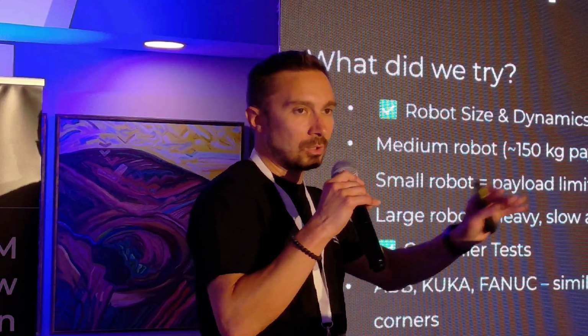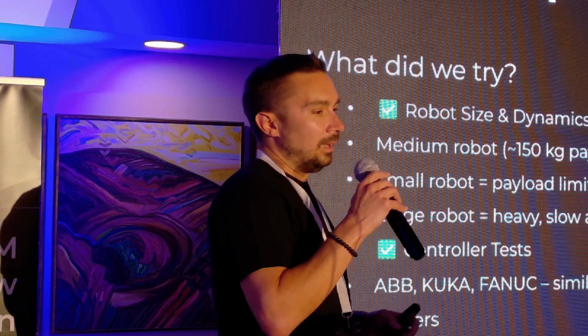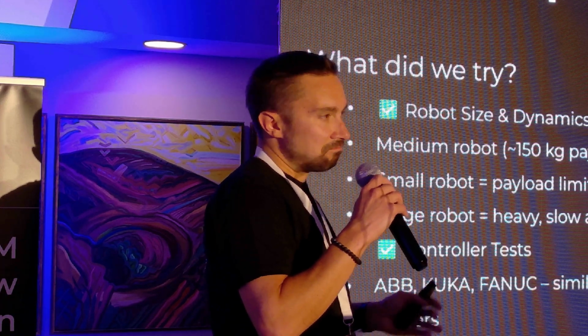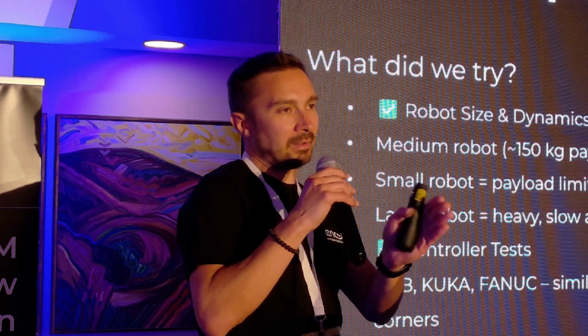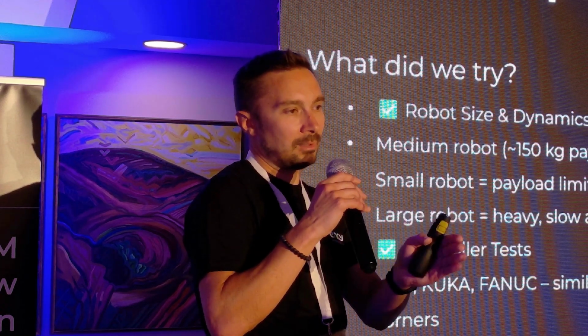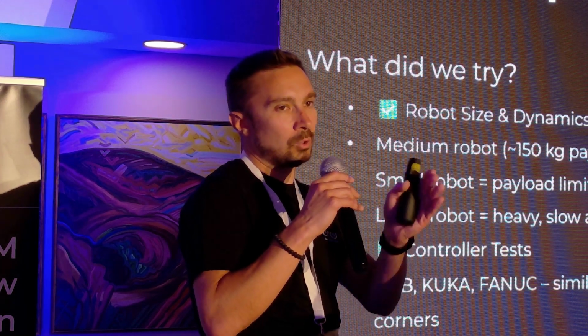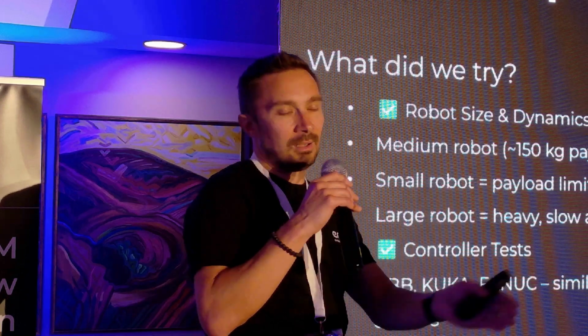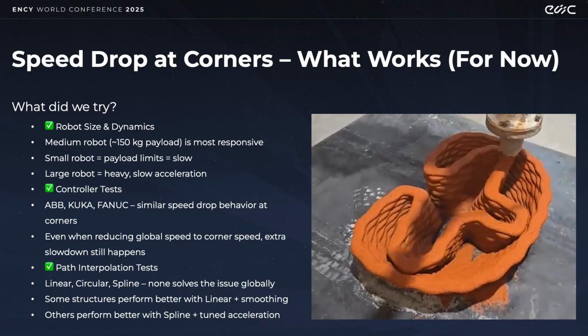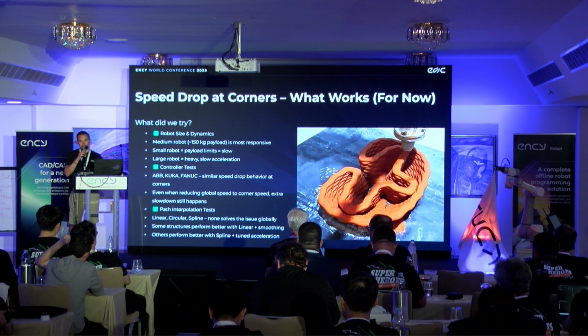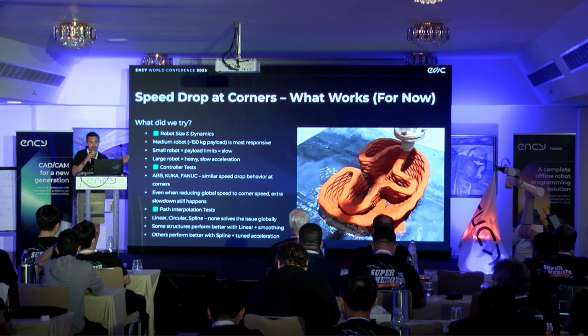We tried Fanuc, KUKA, ABB, and in principle, we found that a robot in the middle range of payload has a good result. It is still fast, and at the same time, it has enough payload to hold this heavy two-component head.